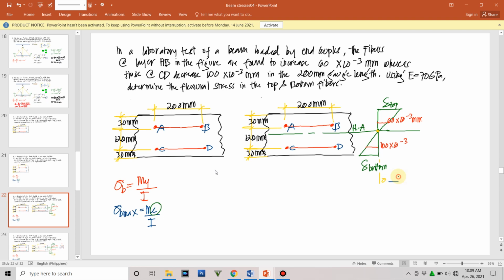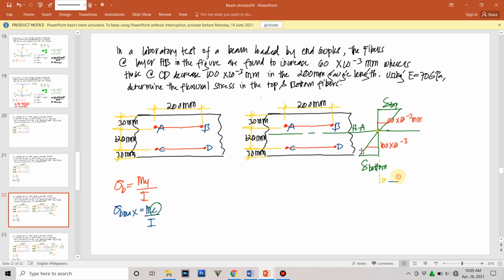So illustrating the deformation, it says in the problem that the top portion will have an increase, while for the bottom we have a decrease. So the values are specified: 60 times 10 raised to negative 3 for the layer AB on the top portion.